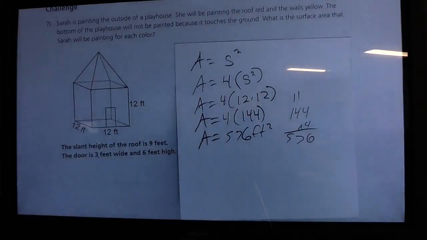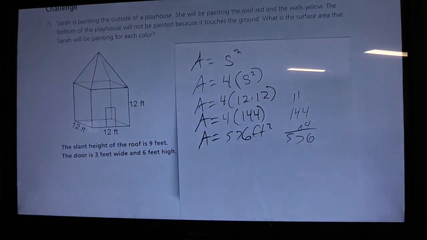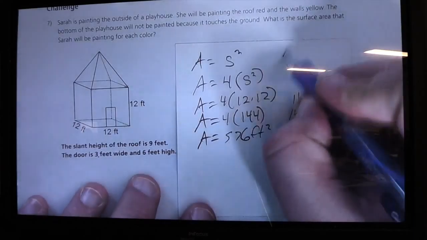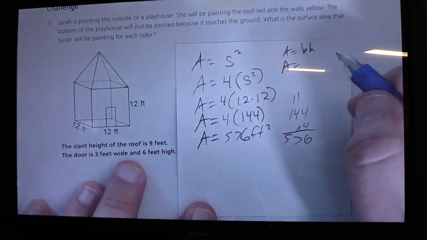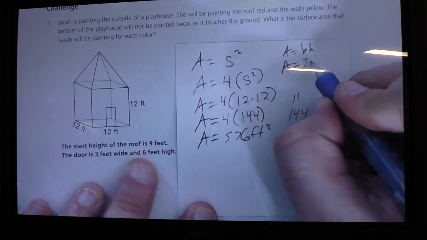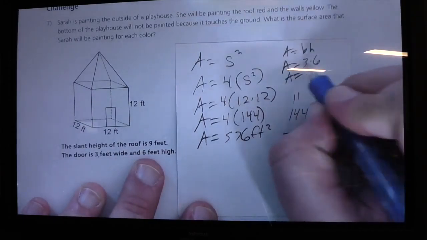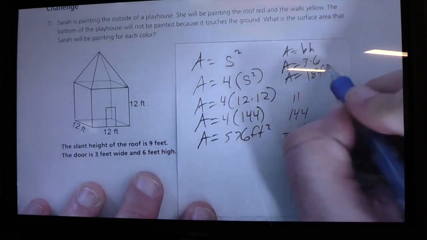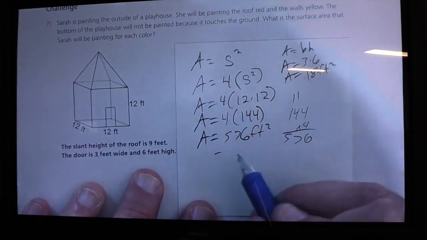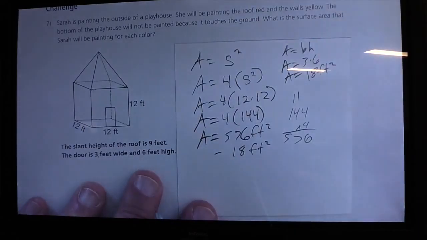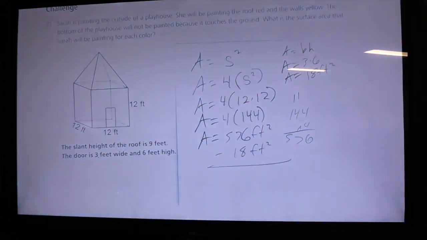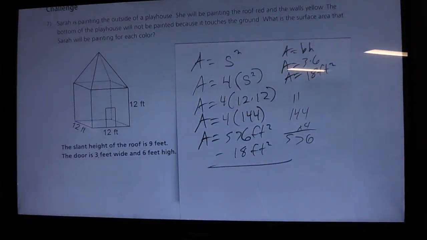And to find the surface area of a rectangle, I say area equals base times height. And in this case, the base is 3 feet wide by 6 feet high. So 3 times 6 is 18 feet square. So I have to subtract 18 feet square from 576 feet square, and it will tell me how much surface area will be painted yellow.